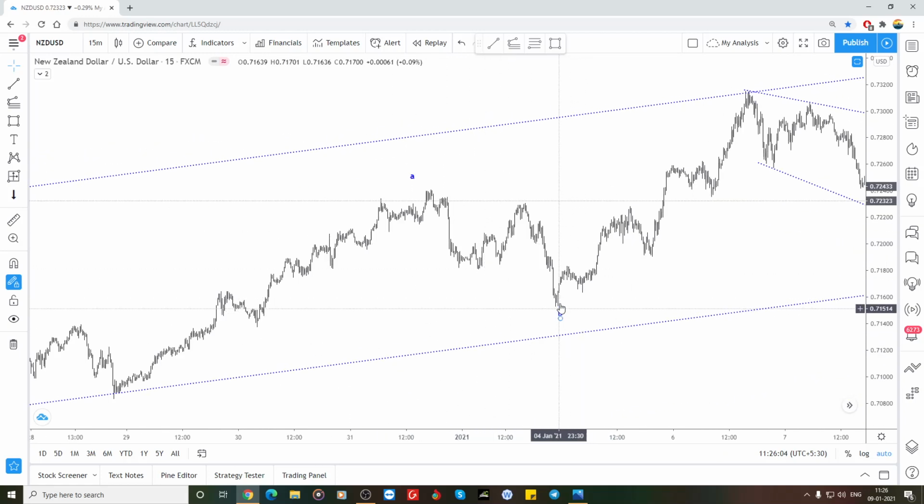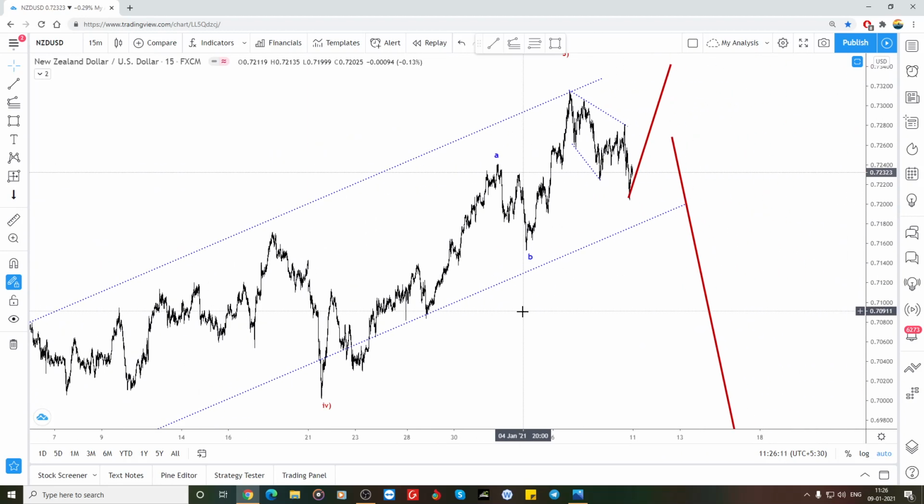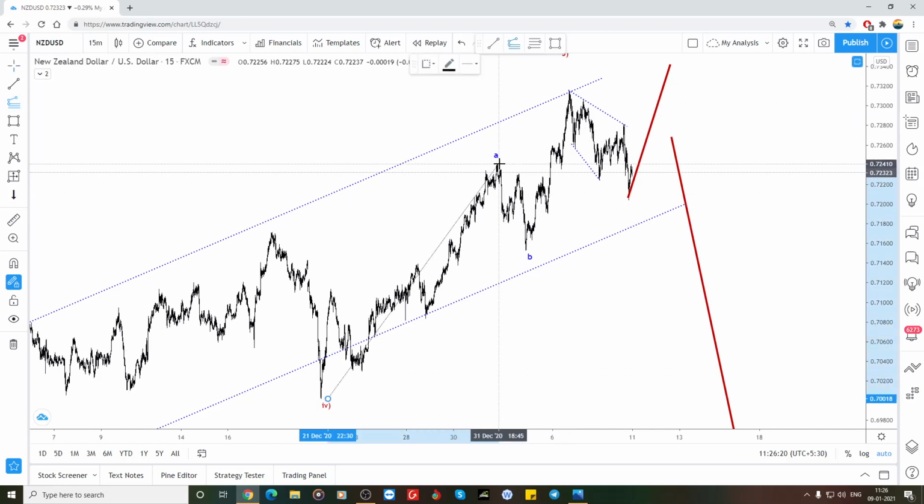So whether this whole thing becomes a 1, 2, 3, 4, 5 means it's already completed. But one thing is, the A is very big, B and C are a little bit small. So that is my view. Whether it's already 61.8, so that is also valid.